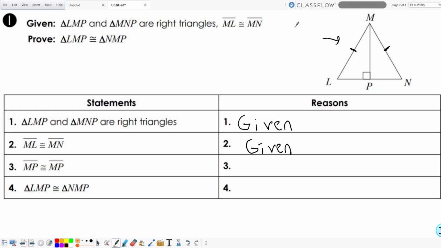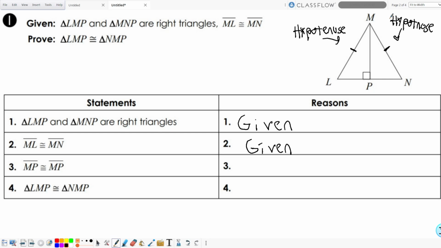So hypotenuse. Sorry, the tablet's a little sketchy. Ugh, that looks terrible, but whatever.